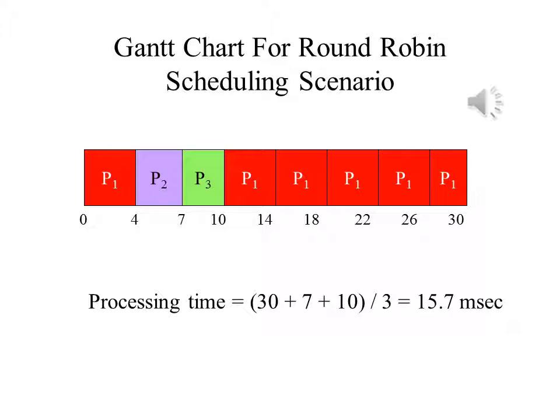Processes 2 and 3 get in to do their thing, and then they're out. Process 1 comes back in and gets quantum after quantum because nobody else is waiting. The end result is a processing time almost as good as shortest job first.